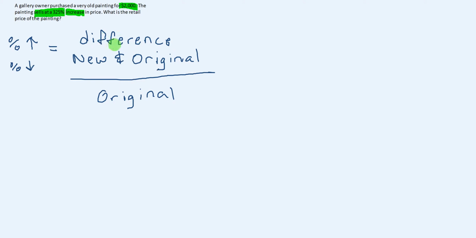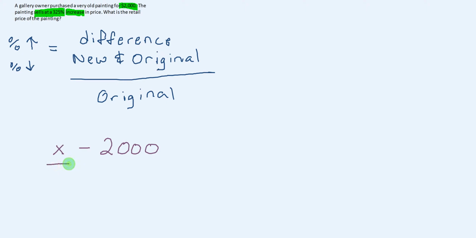Okay, so let's set this problem up. Well, I don't know what the new price is. That's the retail price we're trying to find. So let's just set the variable up, x, minus the original value. I'm using subtraction because we're looking at the difference. So the original value was $2,000.